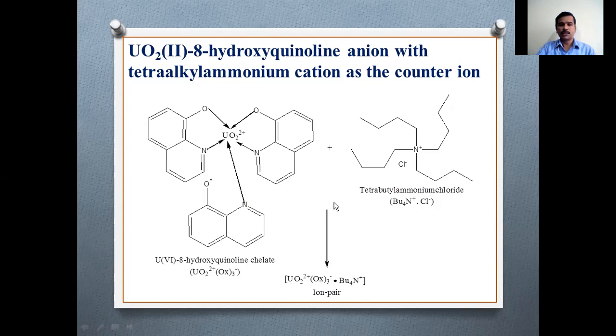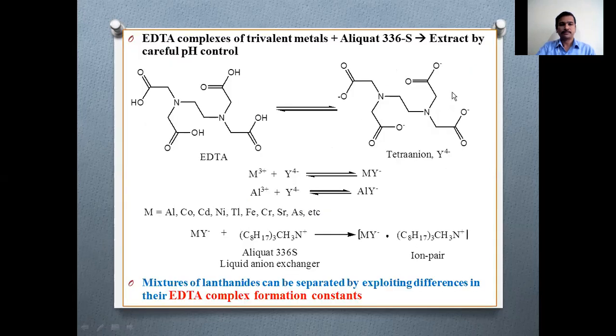So this is another example for showing a chelated ion association complex. Here the metal chelate is the metal 8-hydroxyquinoline complex and the reagent is tetrabutyl ammonium chloride. When you extract that into the organic layer, you get the chelated ion association complex of uranium-6 8-hydroxyquinoline tetrabutyl ammonium ion association complex.